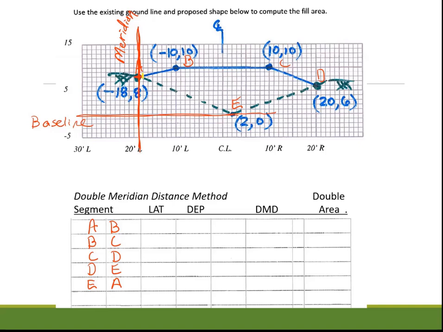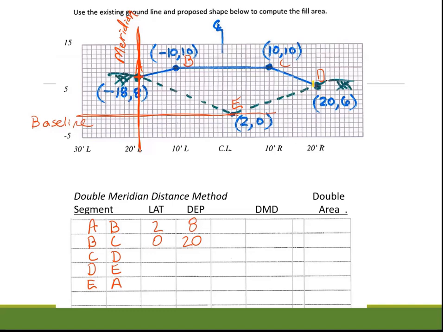The latitude from point A to point B changes in the y direction by 2. The departure changes in the x direction by 8. From B to C, latitude changed by 0, departure changed by 20.